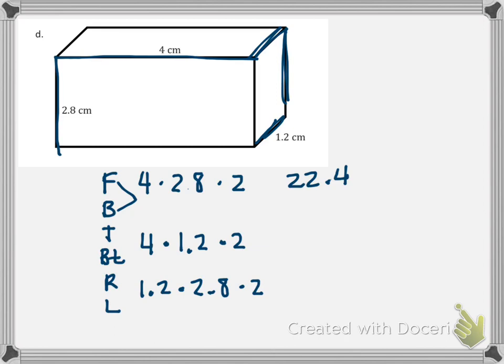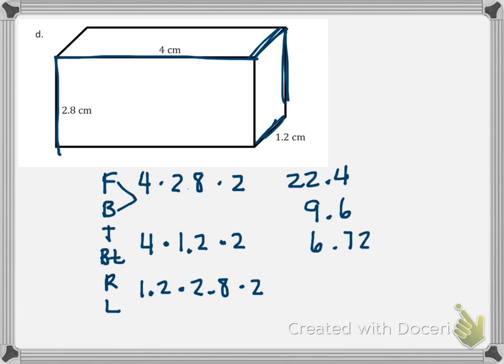And then 4 times 2 is 8, so 8 times 1.2 is 9.6. That's the top and the bottom. And then 1.2 times 2.8 times 2 is 6.72.